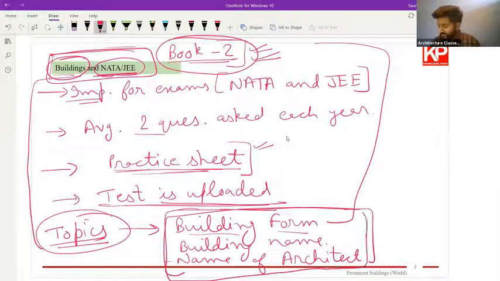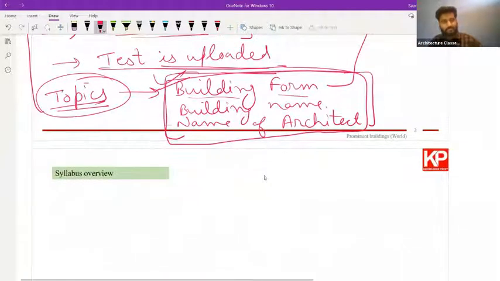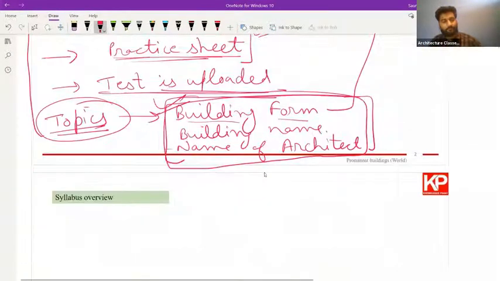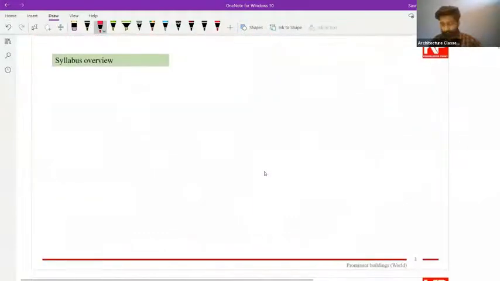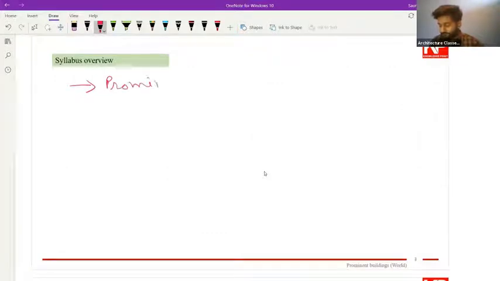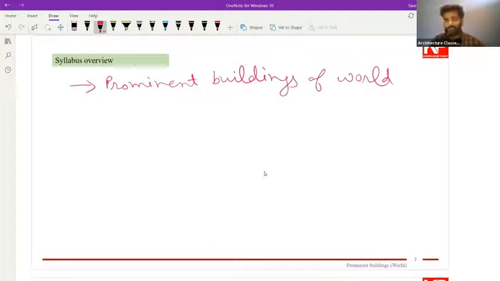Our preparation in this class will be based on these things. Let me show you the first slide. This is the syllabus overview. We'll study prominent buildings of the world. Prominent buildings of India we will also see, but after you cover the history part.